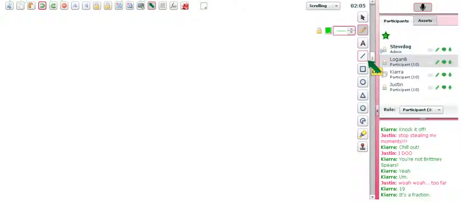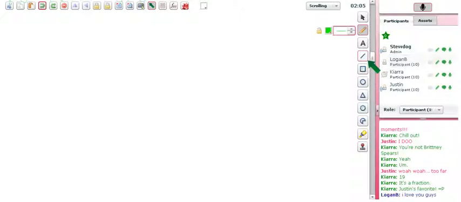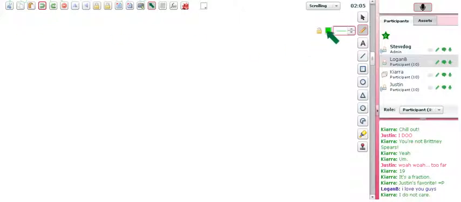It's a fraction. Justin might want to leave the room. I do not approve of this. It's okay. I'm gonna pick a different color.